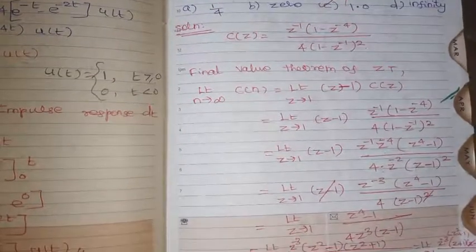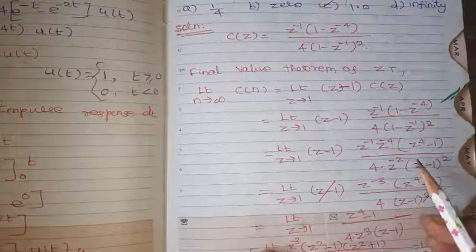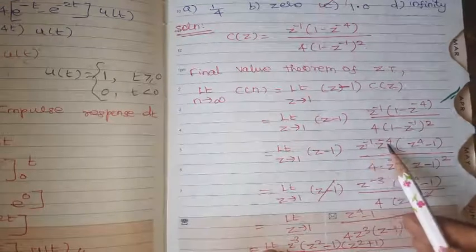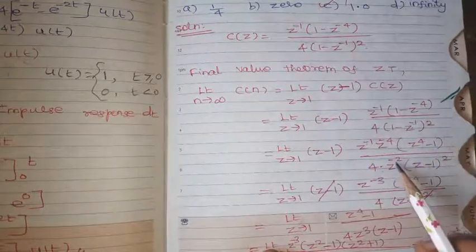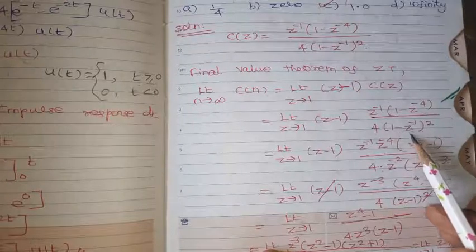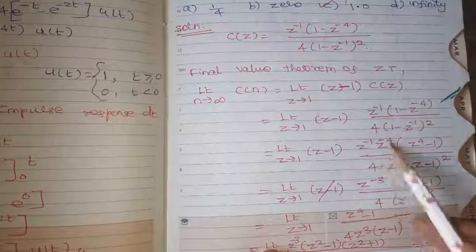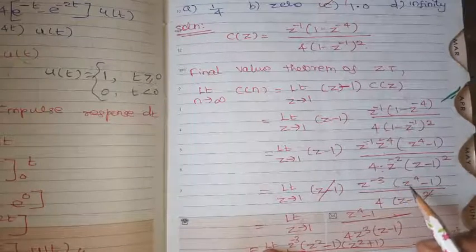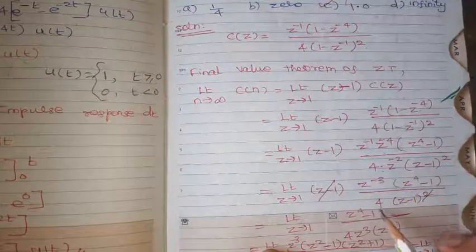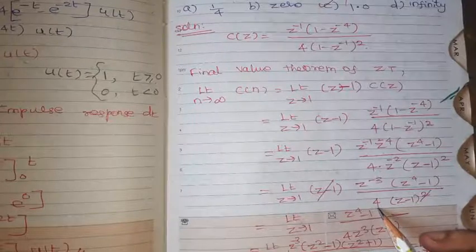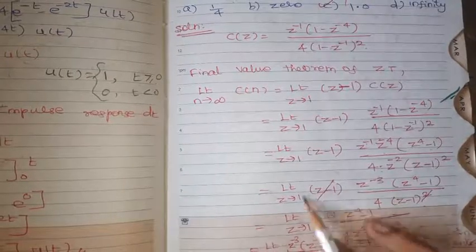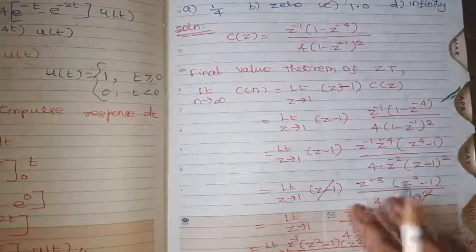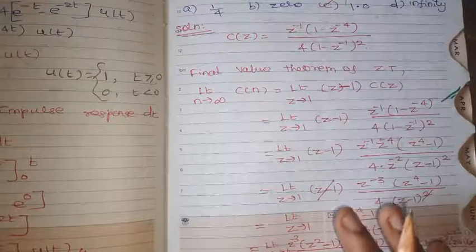Then we will simplify further. Minus 1, minus 4, minus 5. This will go to the numerator, minus 5 plus 2, minus 3. So all the z can be simplified as z power minus 3 into (z power 4 minus 1). Then 4 into (z minus 1). Here also (z minus 1). Don't forget to insert this.